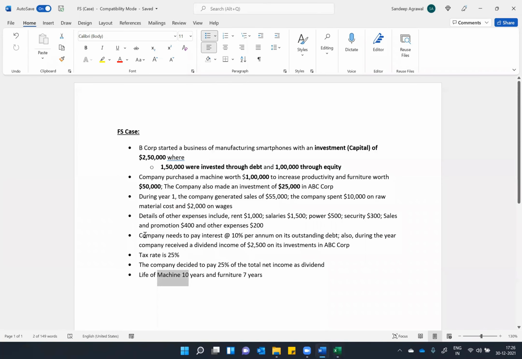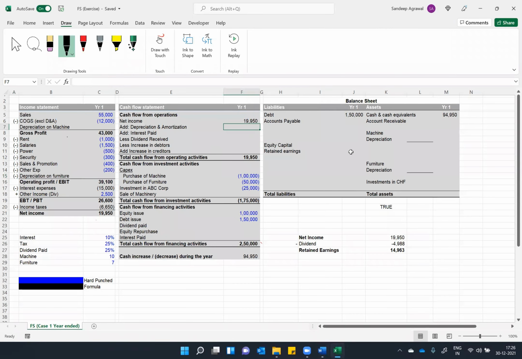What all we are left with? So we have done an interest. Okay, this is done. This is done. Now, so basically, since we have paid a dividend, so we had just net income.